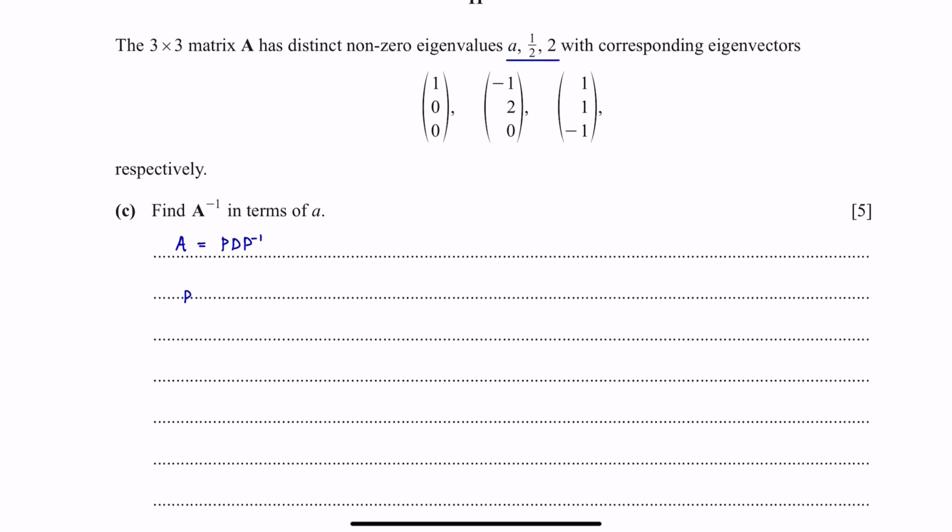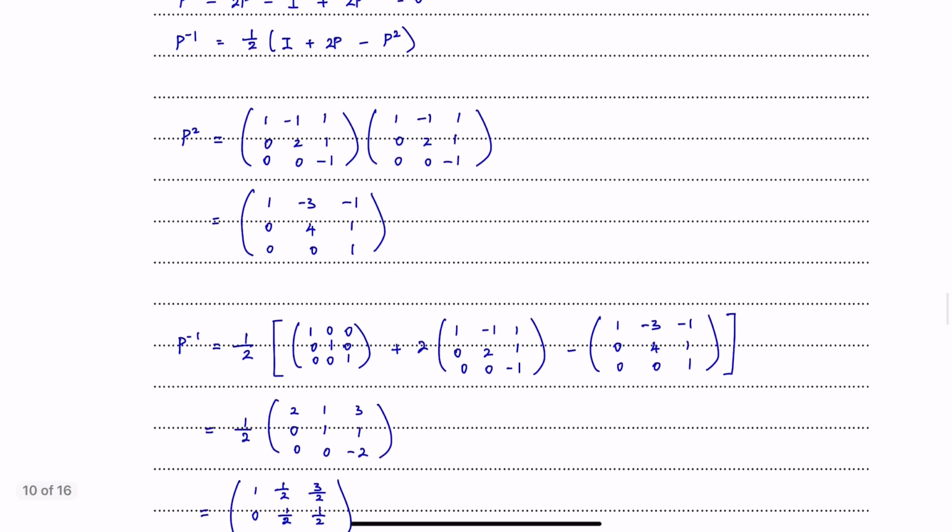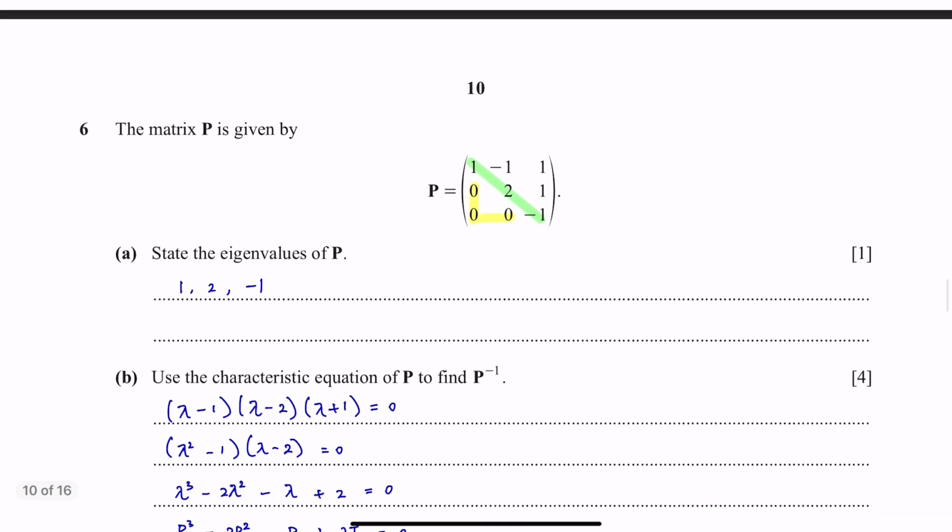And P in this case, you just need to write all the eigenvectors in. So we have 1, 0, 0, -1, 2, 0, 1, 1, -1. And does this look familiar? You can see that it's actually exactly what they gave in part A.